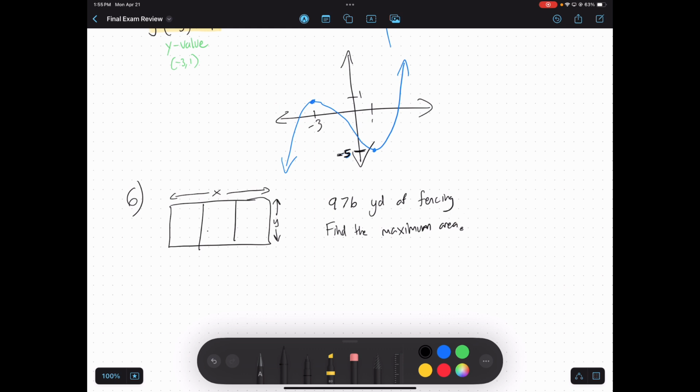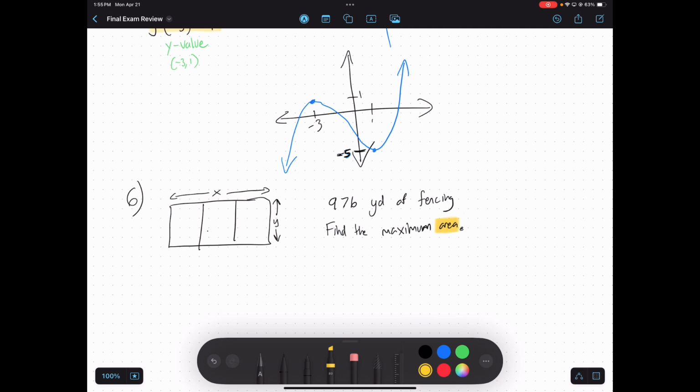I need equations. And specifically, this is a good thing to keep in mind with any of these optimization problems. If I want to optimize area, if I want to optimize something, I need an equation for that something.